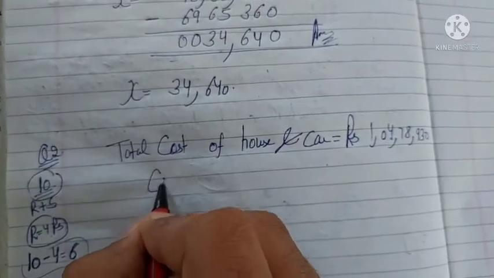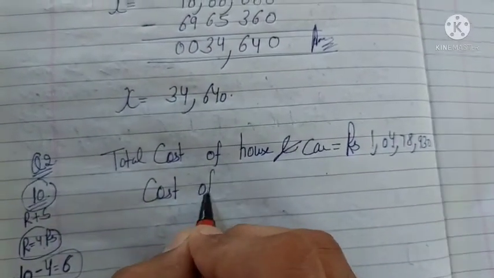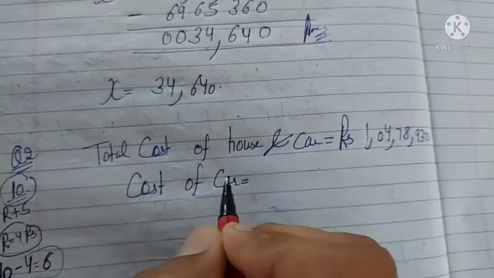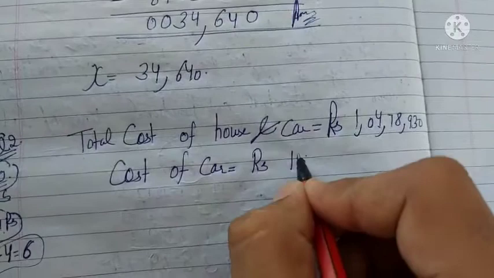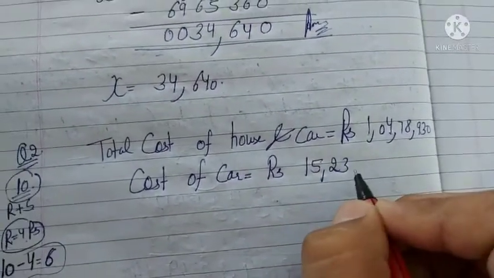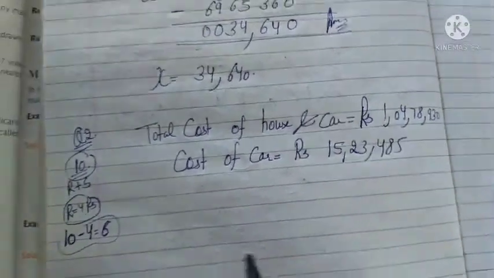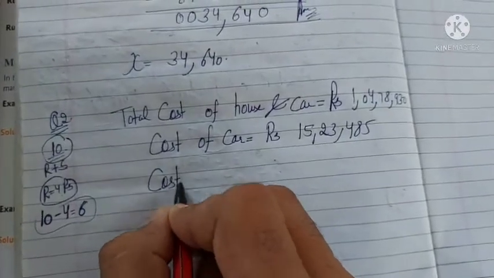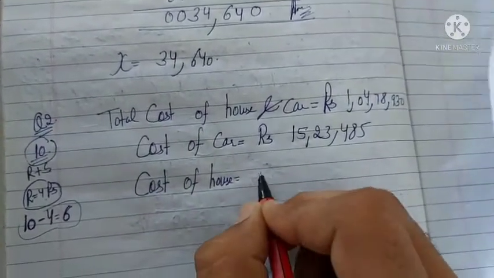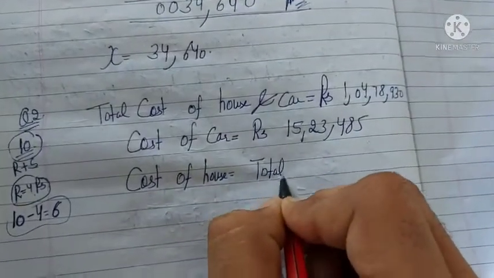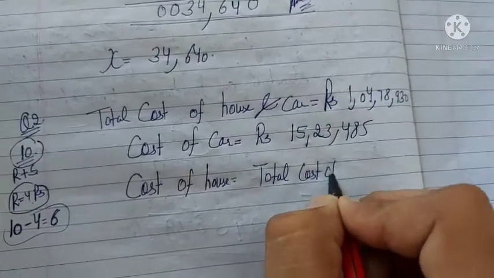And the cost of the car is equal to rupees 15,23,485. If you want to calculate the cost of the house, you will subtract the cost of the car from the total cost of car and house.